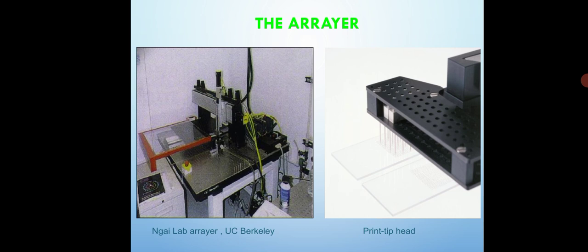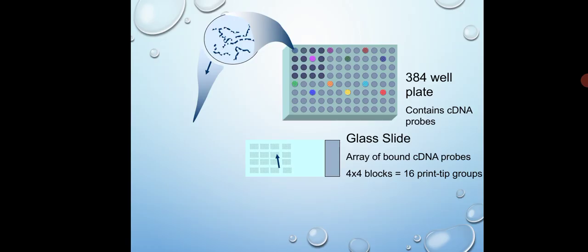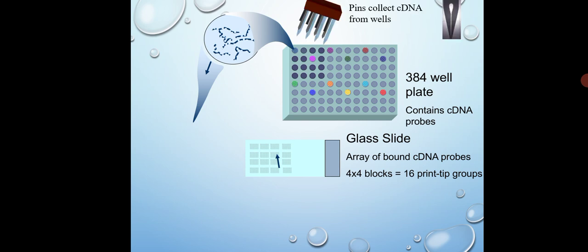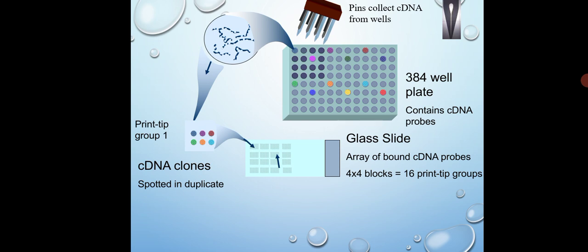So this is the array instrument. This is a microarray chip where the hybridization takes place, which can be indicated by colors. These are the same images. So this is the entire process.